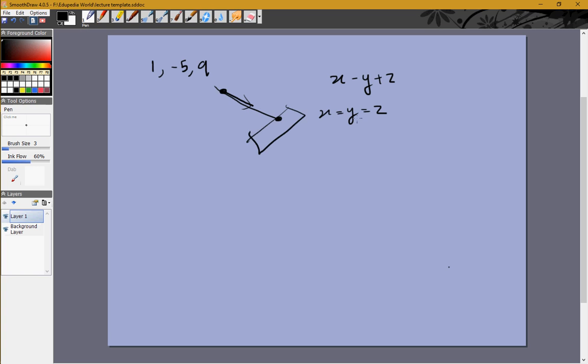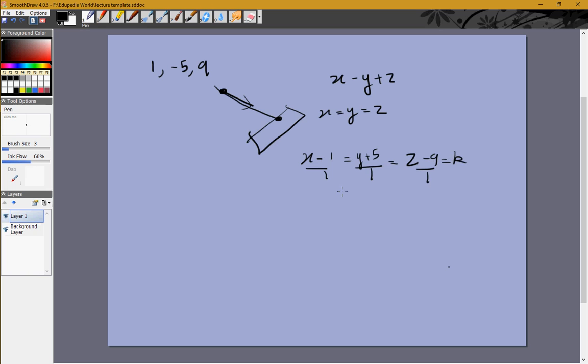So the equation for the line will be, this is x minus 0 by 1 equals y minus 0 by 1 equals z minus 0 by 1. So if you change that point to this point, what you'll get is x minus 1 by 1 equals y plus 5 by 1 equals z minus 9 by 1.